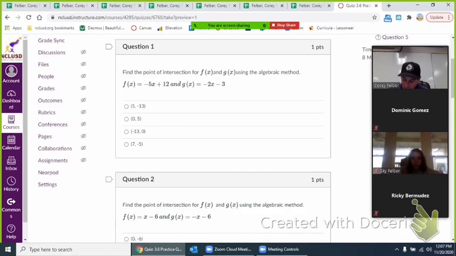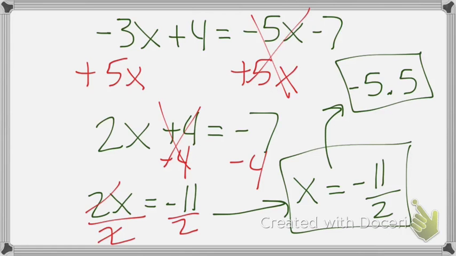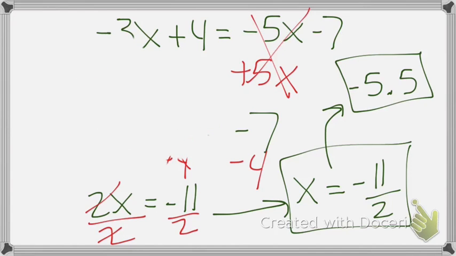So let's go back to what we did there. I'm going to bring it up. If you remember, when we got our answer, our answer was an x. It was x equals. If you think about points on a graph, any point on a graph has an x and a y. So what we just found, we found the x.